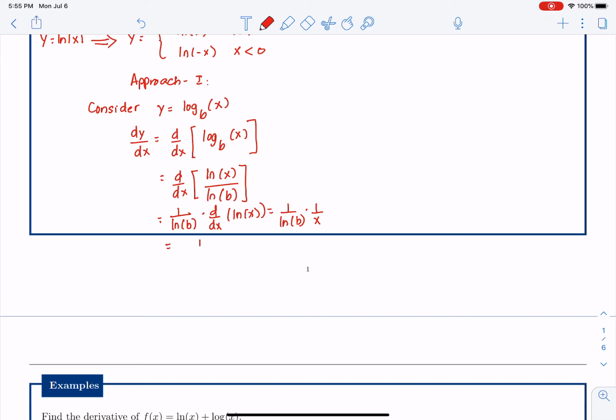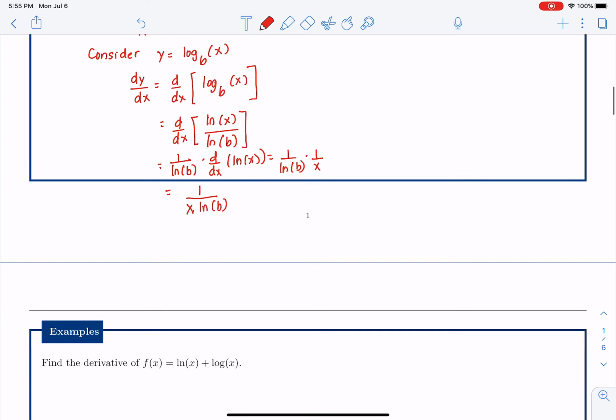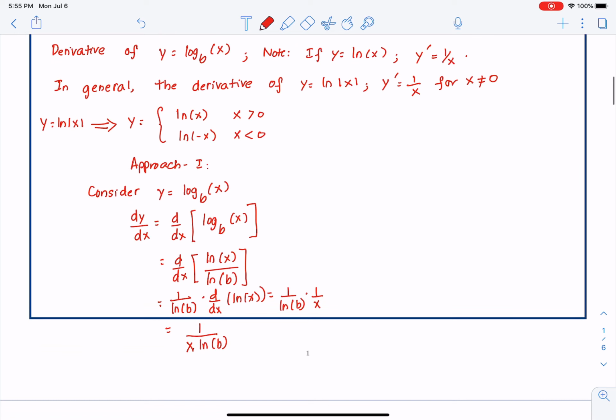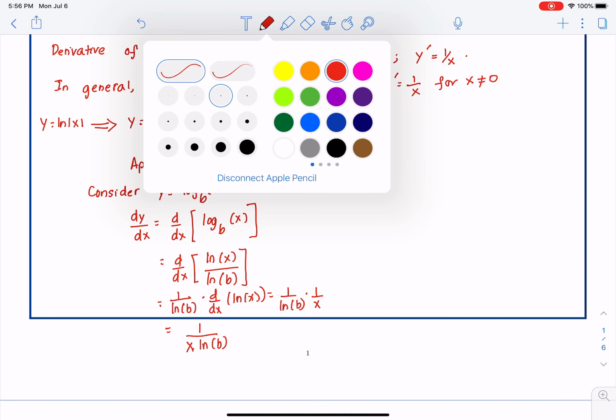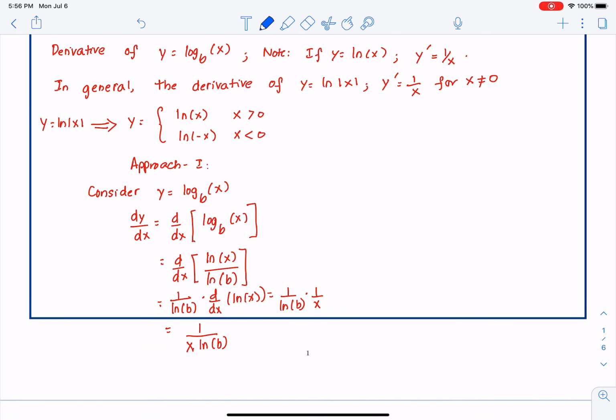So the derivative of log base b of x is 1 over x ln of b. That's approach 1. Approach 2 is interesting in the sense it is going to use implicit differentiation.